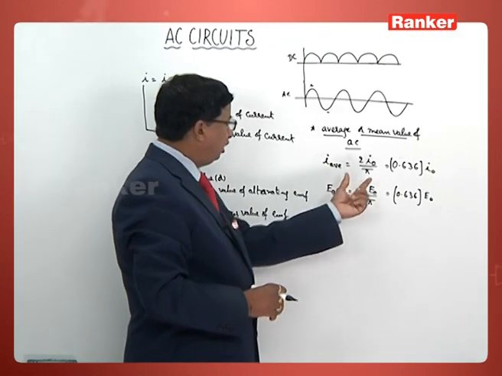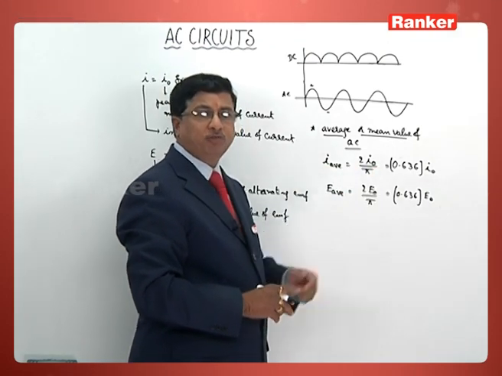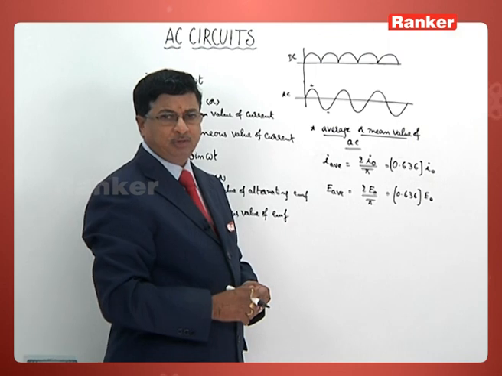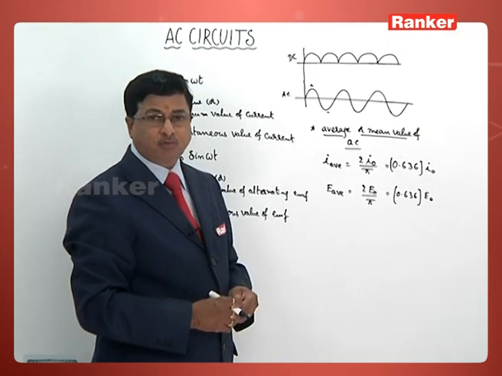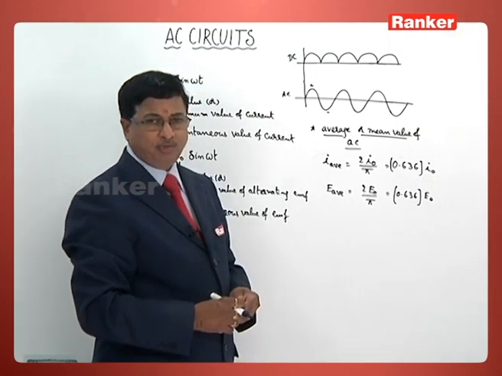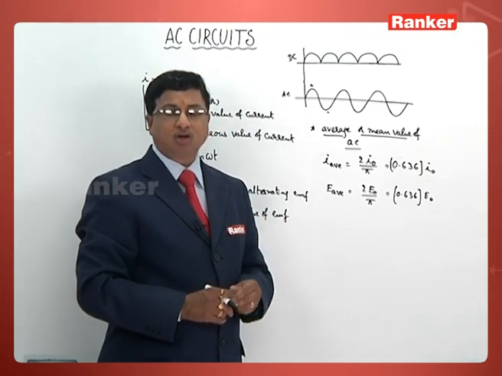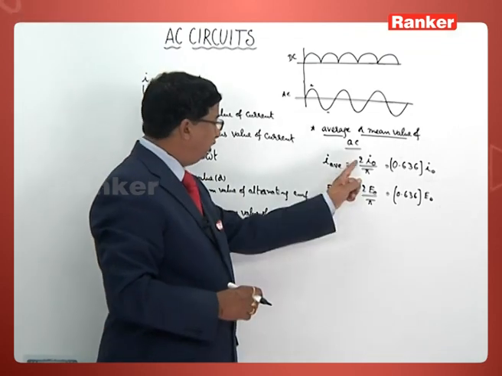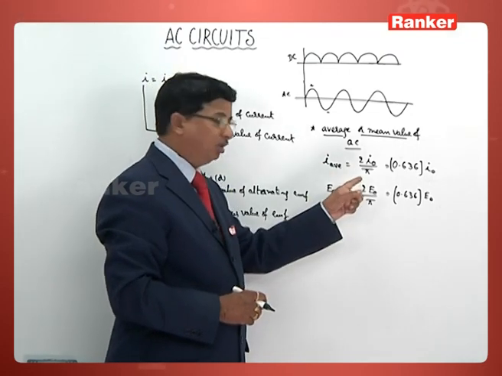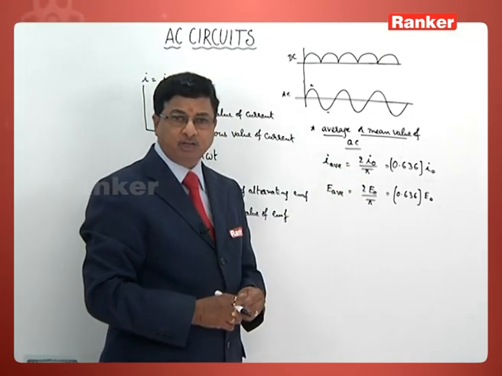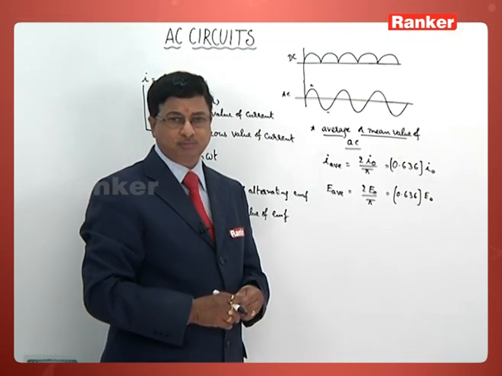In reality, how to get this particular formula? A derivation, of course, we have for that. Let me just remind you of the derivation, how to get the same equation that has been written here for the average value of current and average value of EMF.